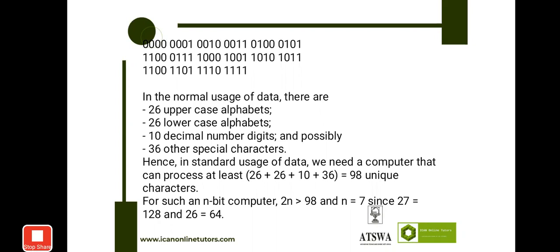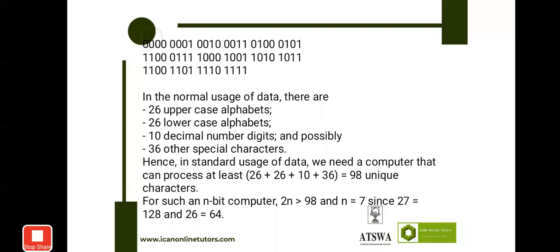So in standard usage of data, we need a computer that can process at least 26 plus 26 plus 10 plus 36, that is 98 unique characters. So we need a computer that can handle 98 unique characters.